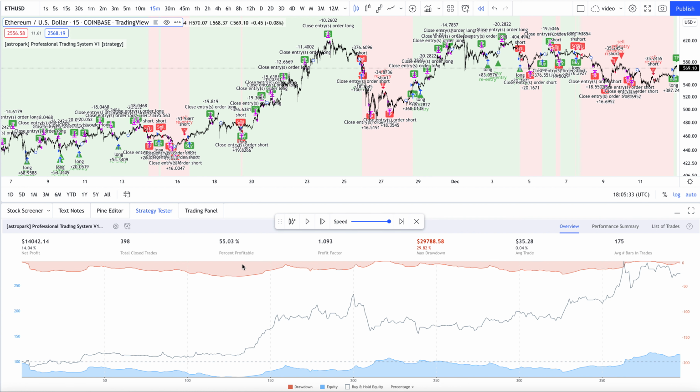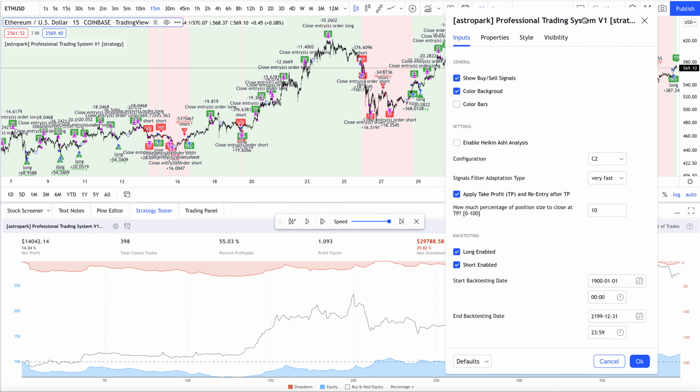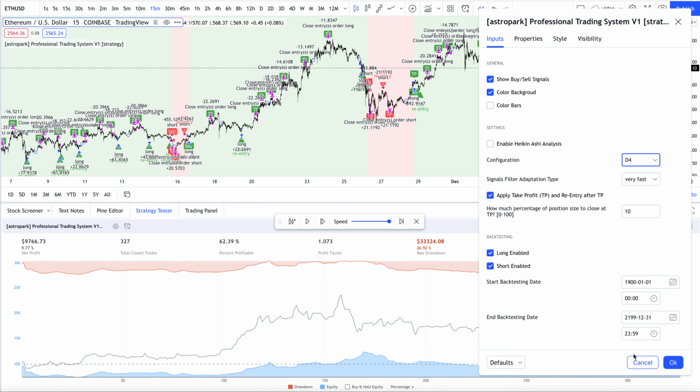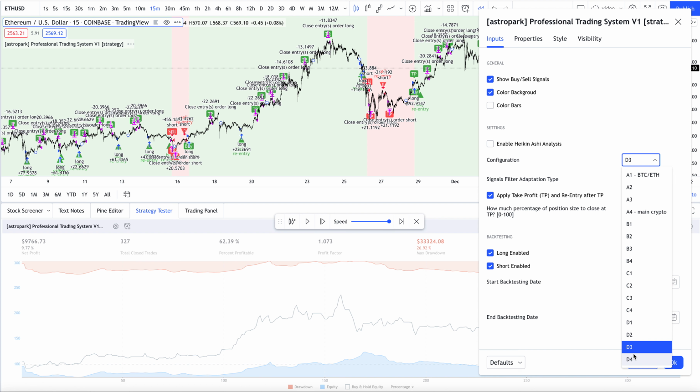Yeah, basically this configuration C2 didn't do anything basically for 6 months, so not great. Let's check all of them again.